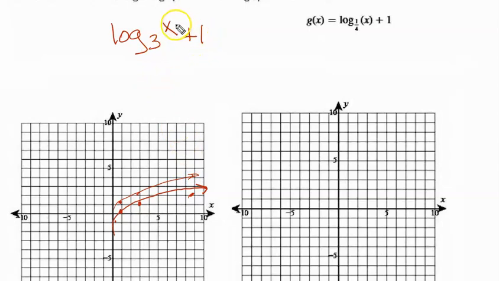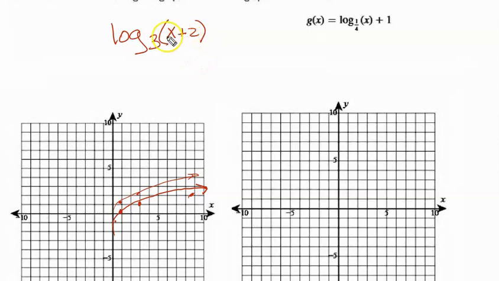Now, how about if you had something like, and I'll erase this, x plus 2.